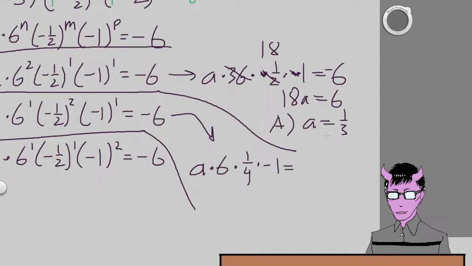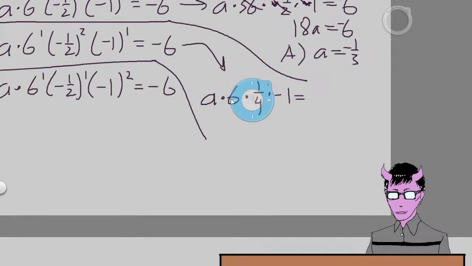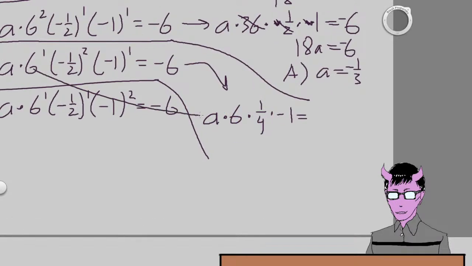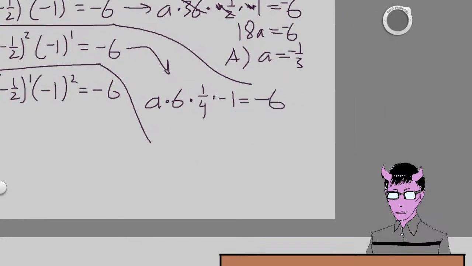So this is still negative, that's still negative, and that one's still negative. Okay, for this one, let me double check: 6, positive 1/4, negative 1, and then negative 6. So the two negative signs will cancel out. And divide by 6, divide by 6. So a is equal to positive 4. And that is for scenario B.